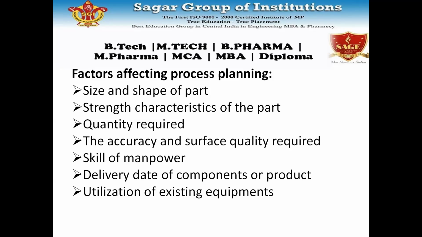And then accuracy and surface quality required. Then skill of manpower. Further, delivery date of the component to the customer, and utilization of the existing equipment to the fullest. We have to utilize our existing equipment or available facilities.